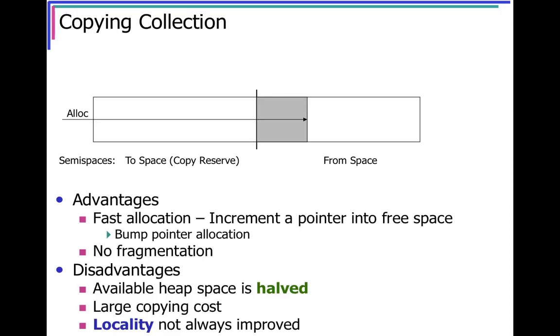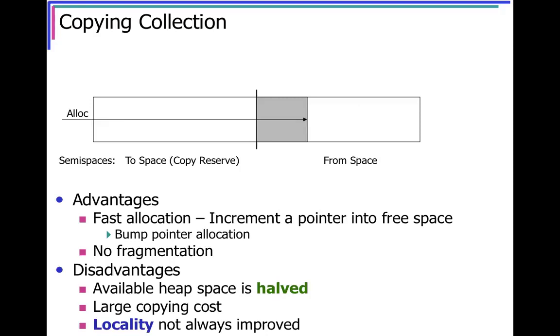The advantages to copy collection is that we have this very, very fast allocation called bump pointer allocation. We simply increment a pointer to allocate new object space. There is no fragmentation because we are copying each time we flip the spaces so that we put all the objects together in one contiguous space, so all of our free space is also contiguous, avoiding fragmentation.